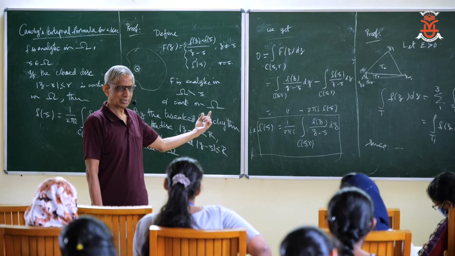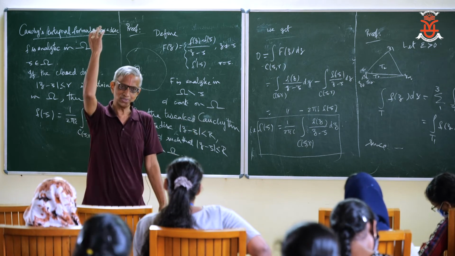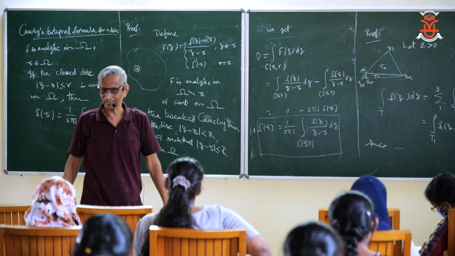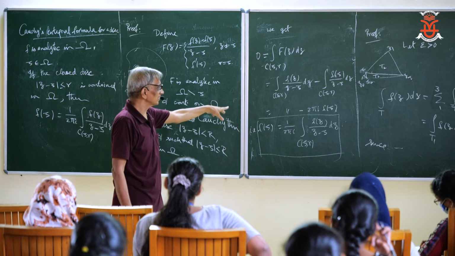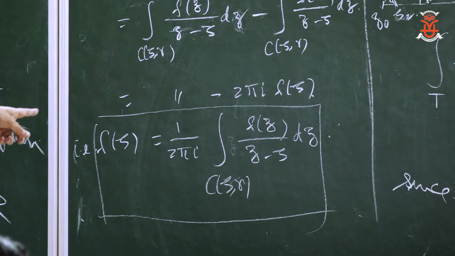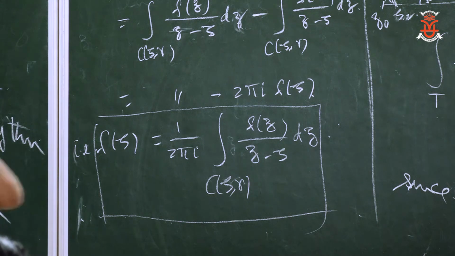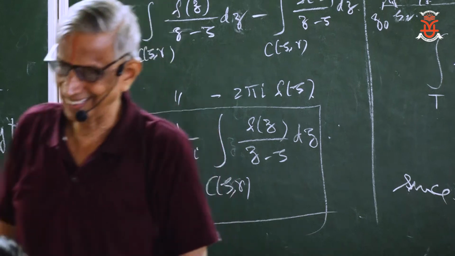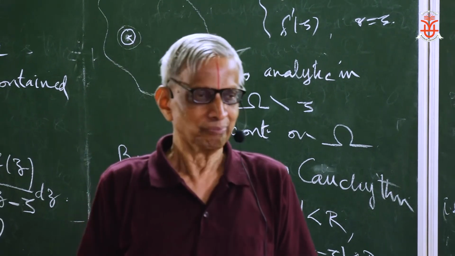That's what it gives, is the average of the value of the function on the circle. If you write z as zeta plus r e to the i t, okay, we'll come to that anyway, what is called the mean value property.